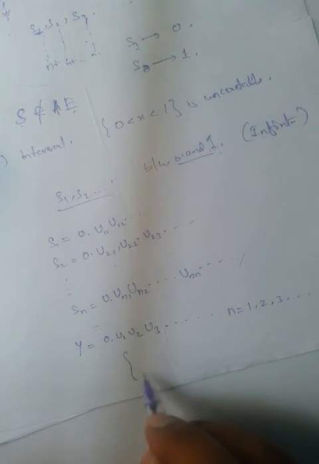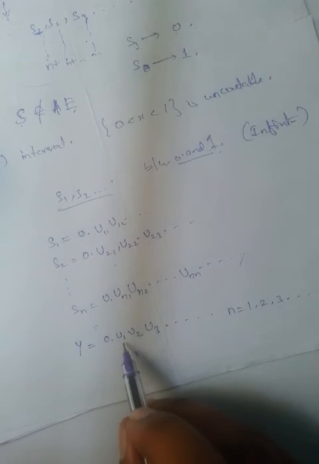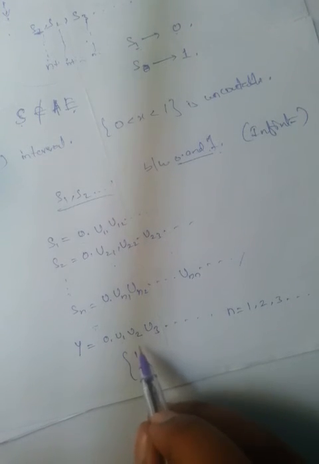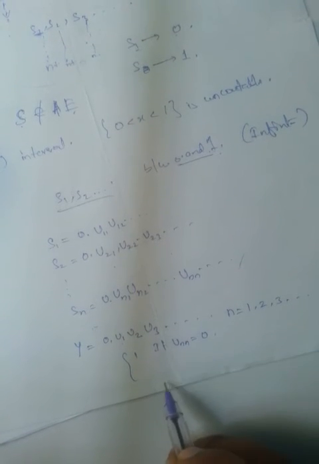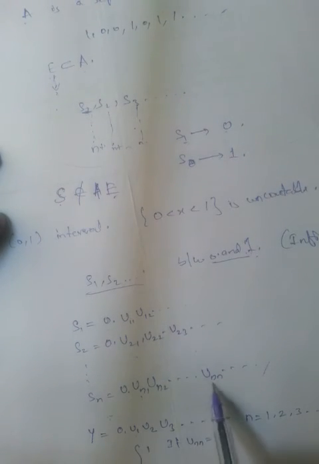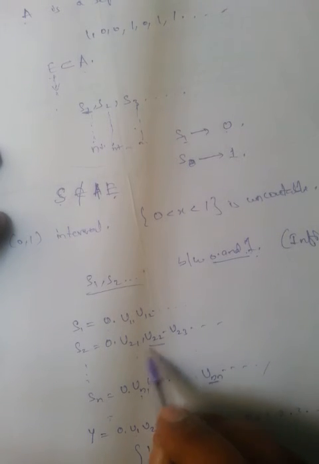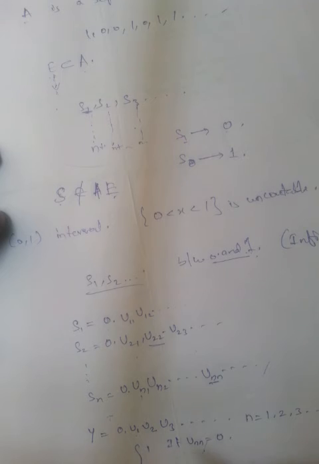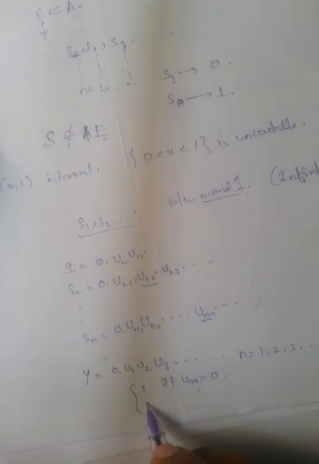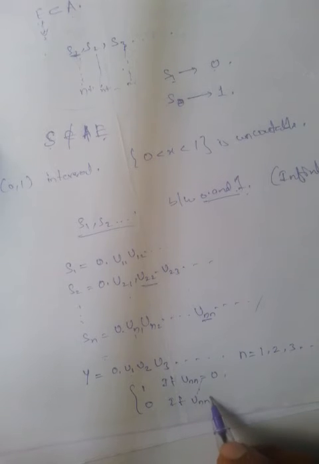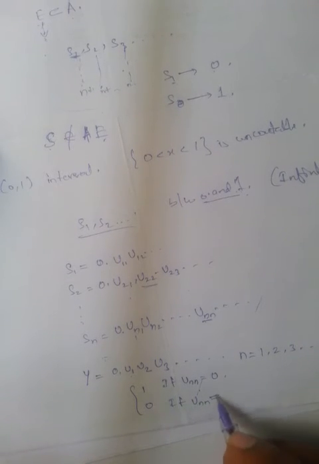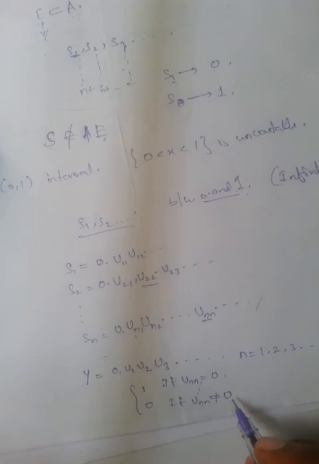Now we are saying that we have to put 1 if u_nn equals 0. If we get u_nn equal to 1, then you have to put 0.